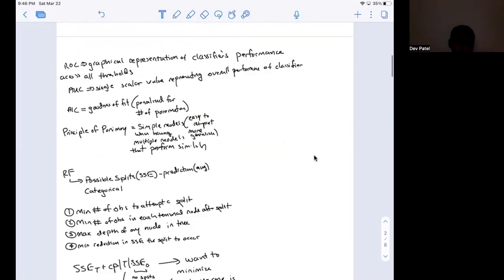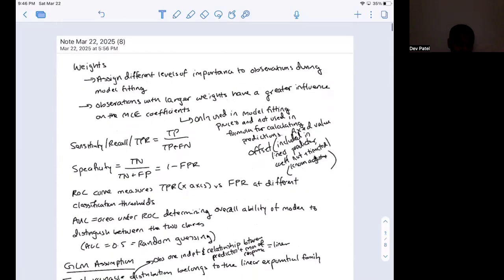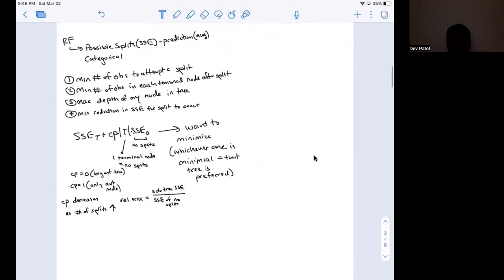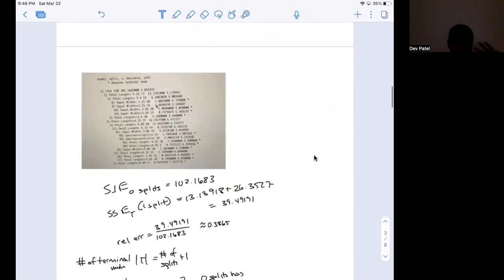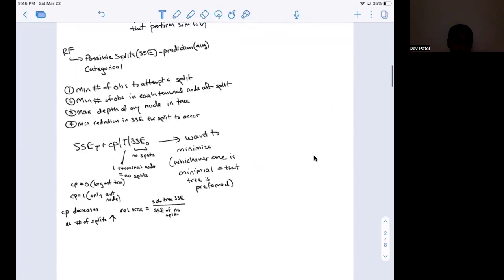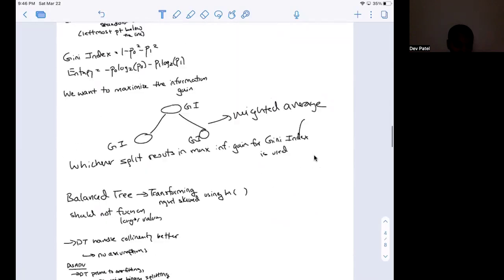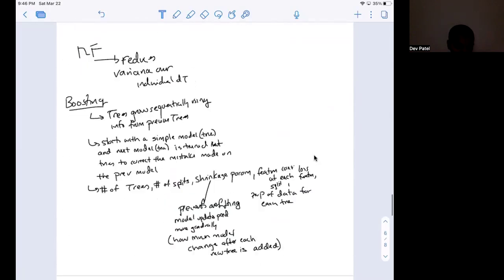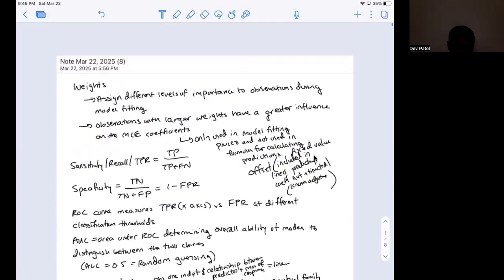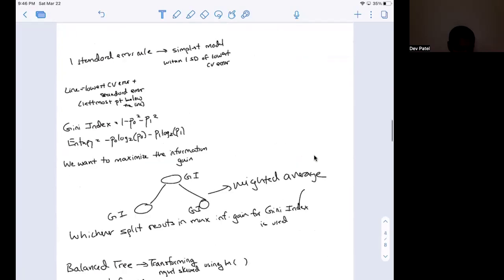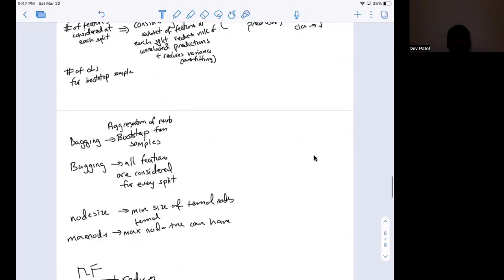And now, when we think about random forest as well, there's a couple of things to know here. So obviously, we have regression and classification. In regression, the way that the individual decision trees are constructed is you start off with the residual sum of squares at the root node, right?